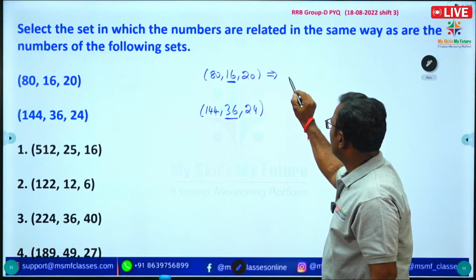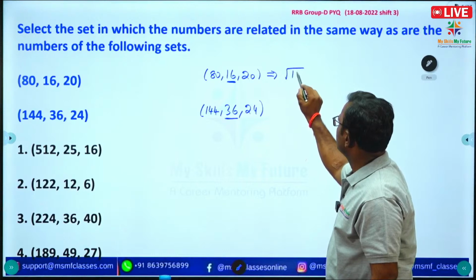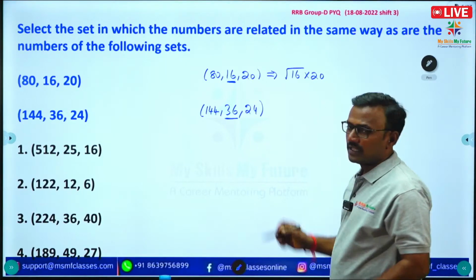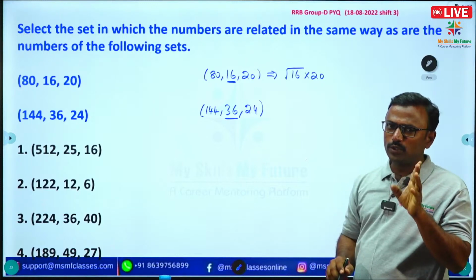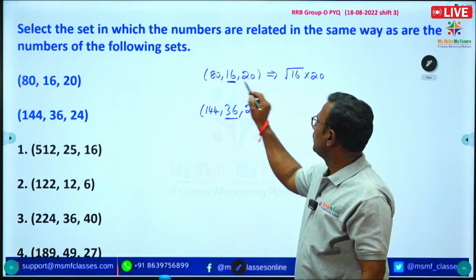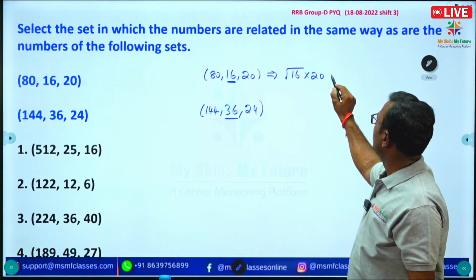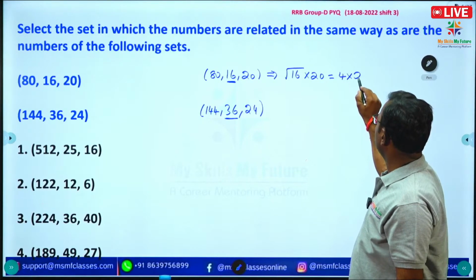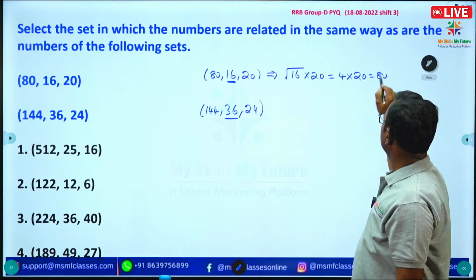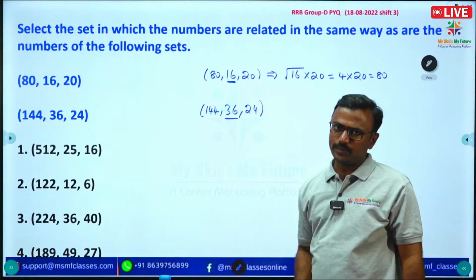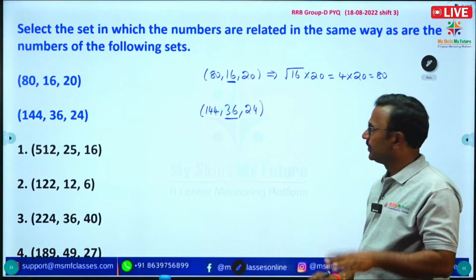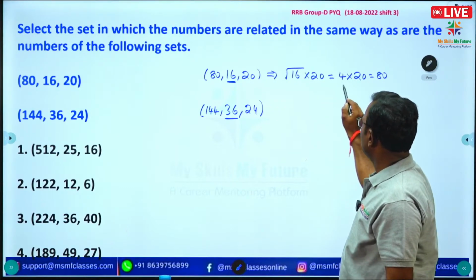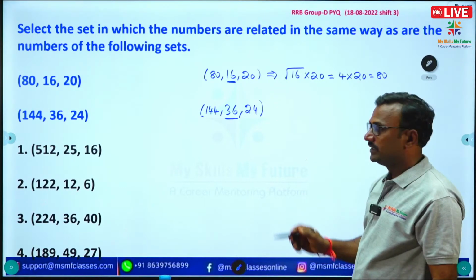simply write root 16 into 20. So second number root into third number. Root 16 is 4, into the third number, we get 80. So 80 is written as the first number. See here once again, root of the second number into the third number, we get 4 into 20, that is 80.